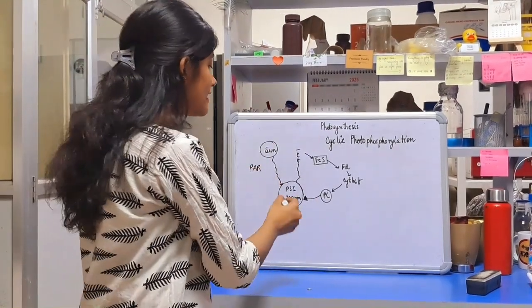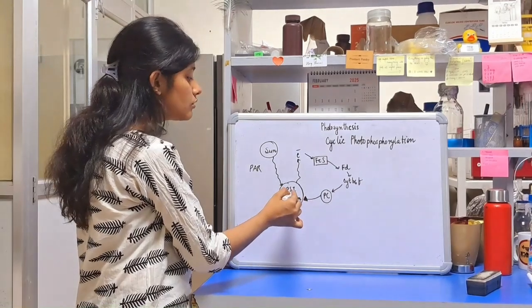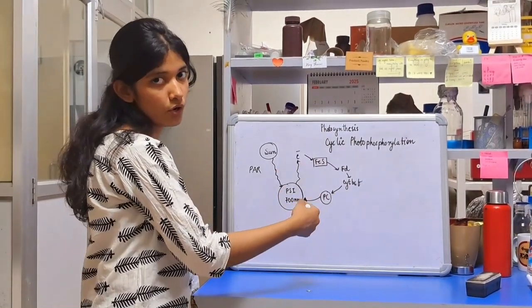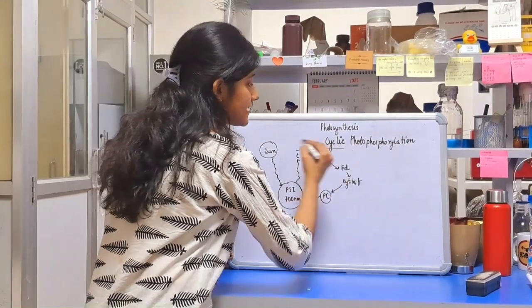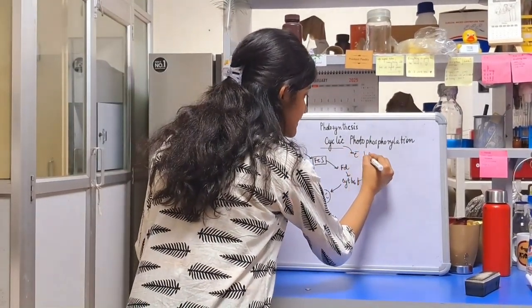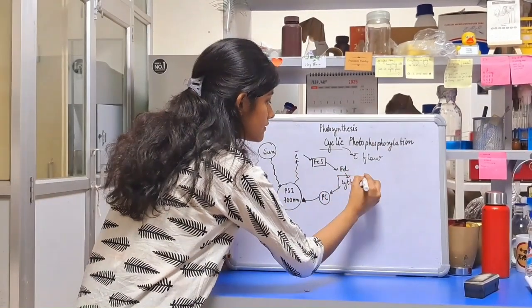So here we can see that the electron which has been excited is coming back to its original position, and then this process goes on. So we can call it cyclic, as the electron flow is cyclic. Here there is also formation of ATP.